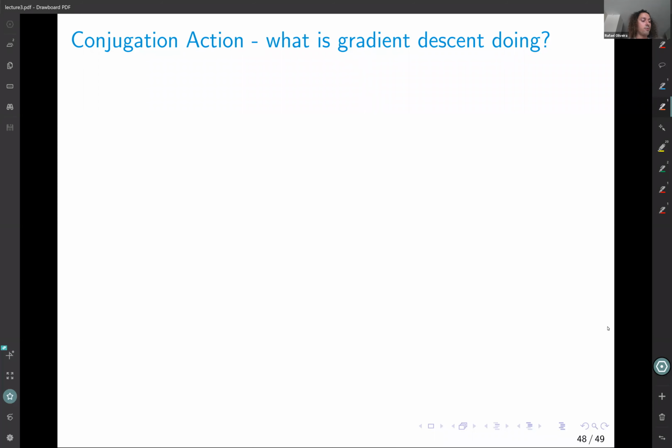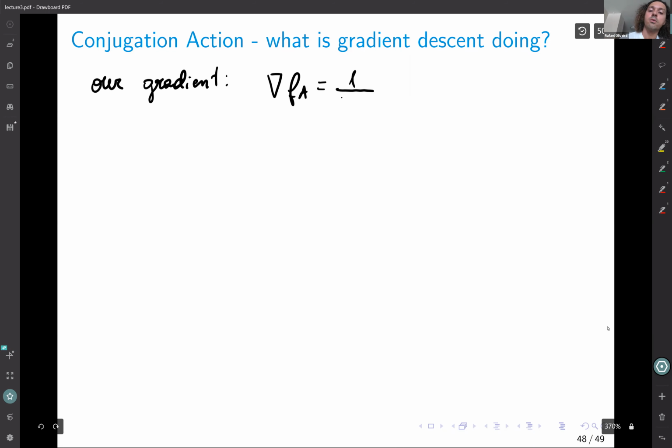If you remember from our formula for the gradient, the gradient of f at A is exactly 1 over the absolute value of A squared times A dagger minus A dagger A.